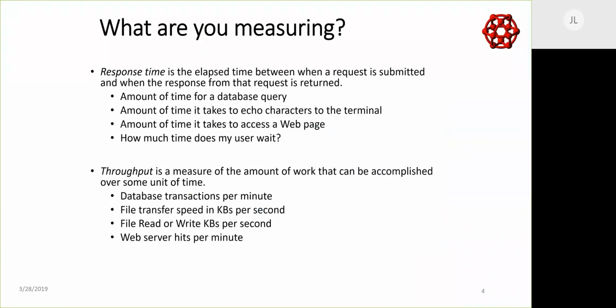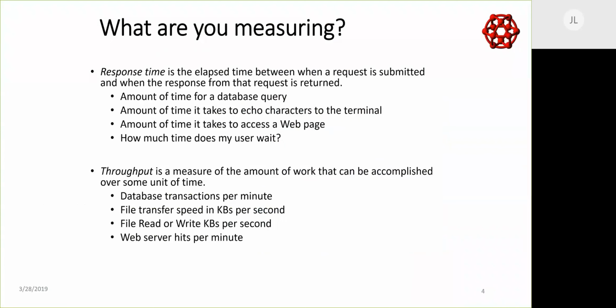So with that said, one of the first things you have to figure out before you actually look at a performance problem is what is it that you're actually measuring. There's two kinds of performance that people think about. One is response time based, the other is throughput based. If you think about response time, it's from the time, as an example, that you hit enter till the time something comes back. Or it might be from when a request is submitted till it comes back.